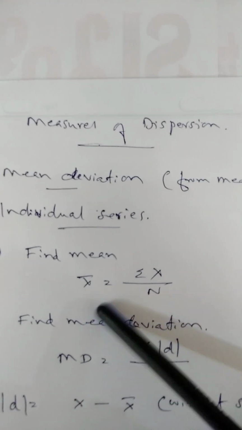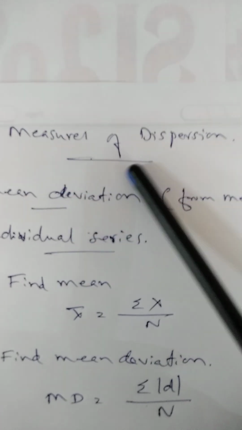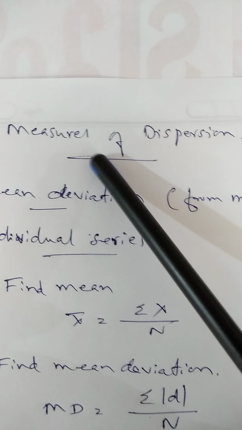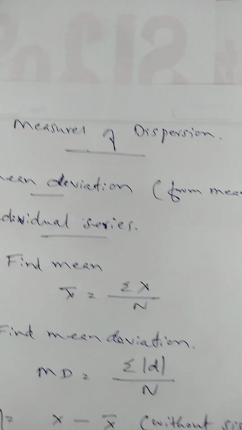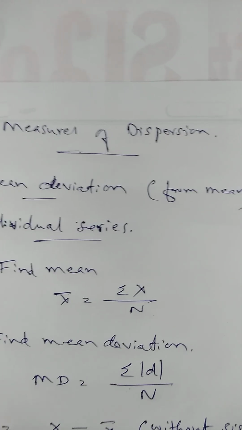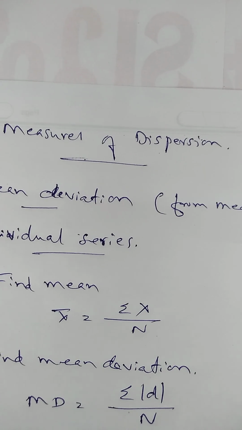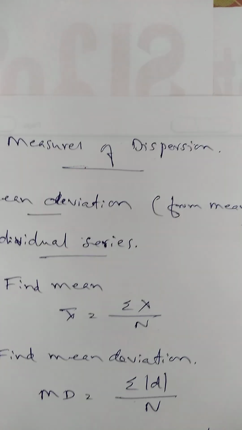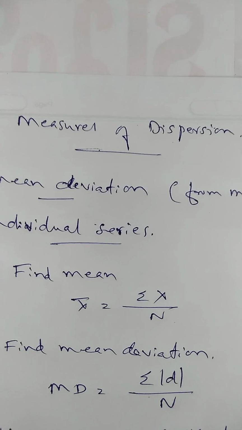Now we discuss another chapter which is measures of dispersion. Dispersion means deviation. Because of extreme items in the data, the mean, median or mode, that means the average that we find out, may be subject to some variations.